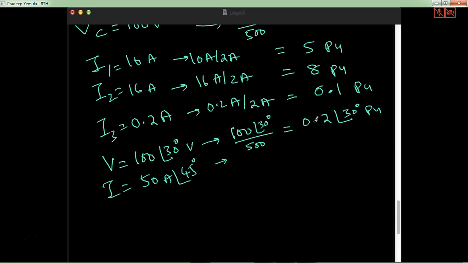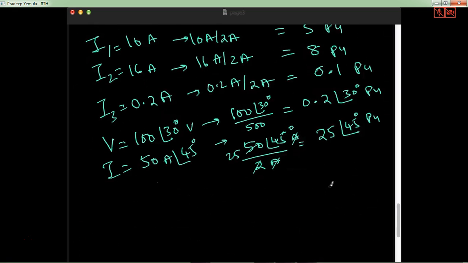Only the magnitude will be affected and that will become per unit. Similarly, in this case, 50 amperes at 45 degrees. Now the base current was 2 amperes. So simply the amperes will cancel. 50 by 2 will become 25. So then I get 25 per unit at an angle of 45 degrees. So converting to per unit system will not affect the angles. Angles will remain same. Only the magnitude will be changing.